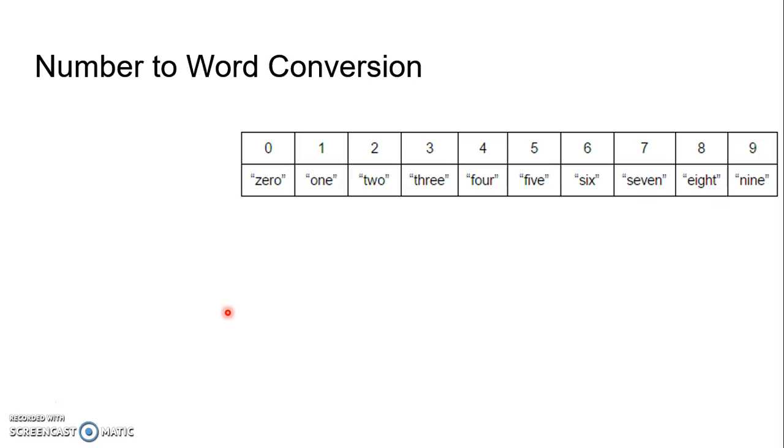If this is the tabular depiction of our input and output, then we can say that this particular thing very much looks like an array.